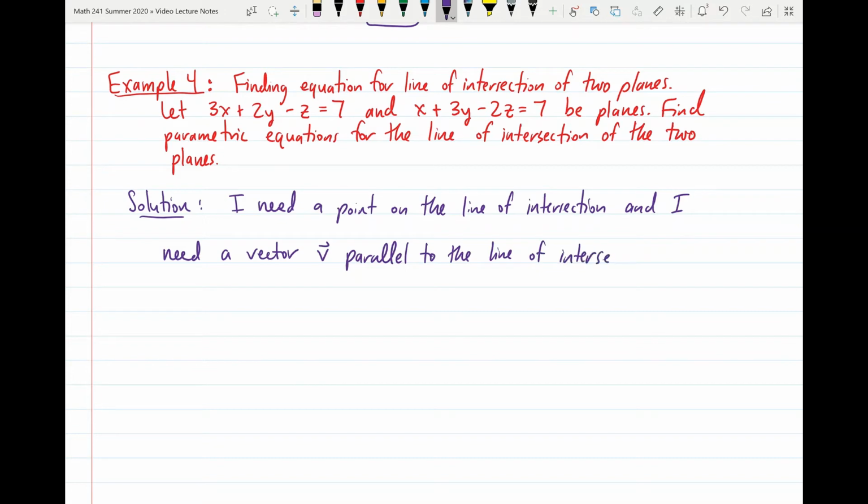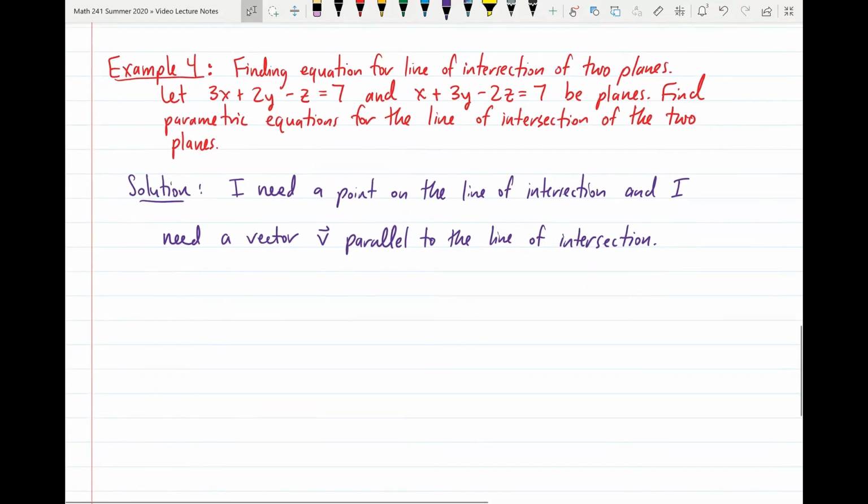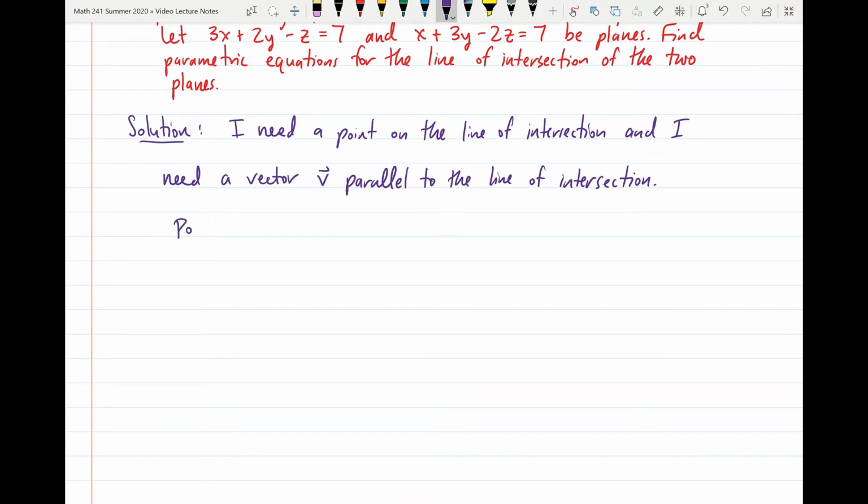And once we have these two things, then we should just be able to write down immediately the parametric equations describing the line of intersection. So let's start off with finding the point.